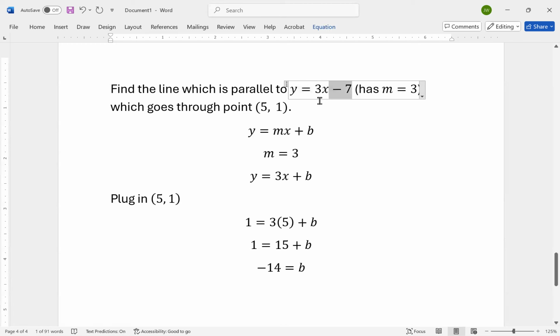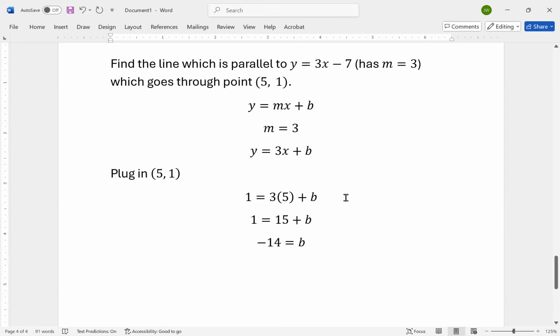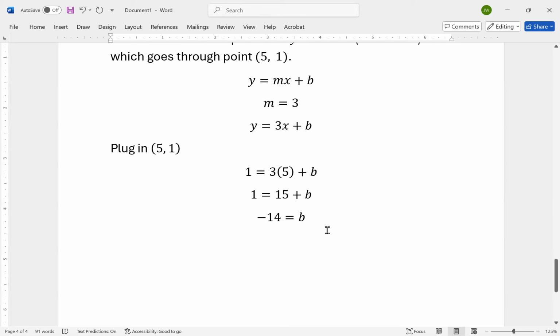The only part of the line we care about of the one that I'm given is the slope, which in this case is 3. Now that I know the slope and the y-intercept value, I can write down the equation.